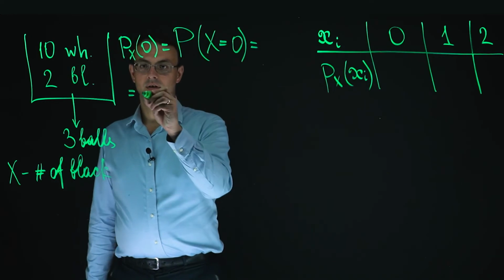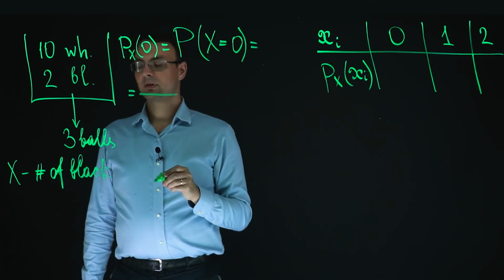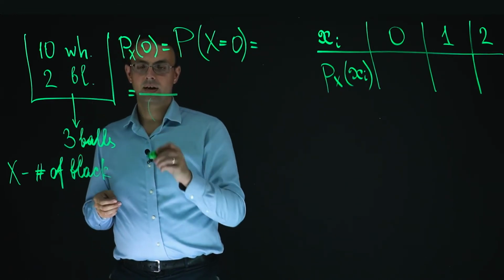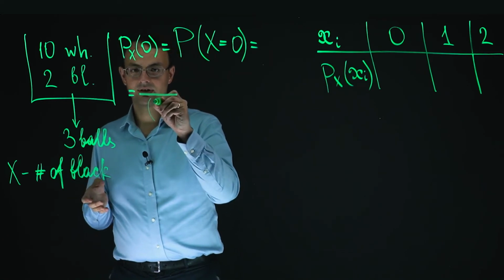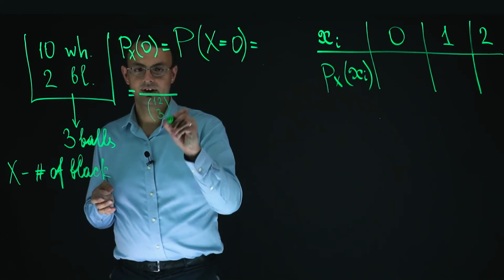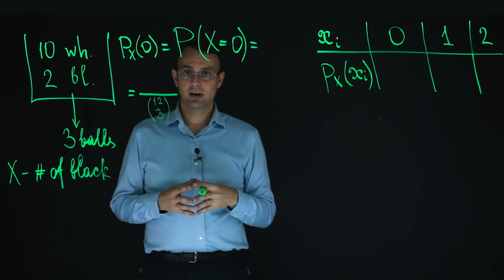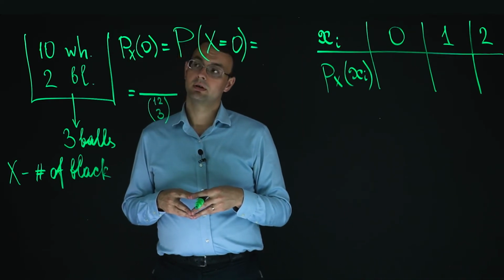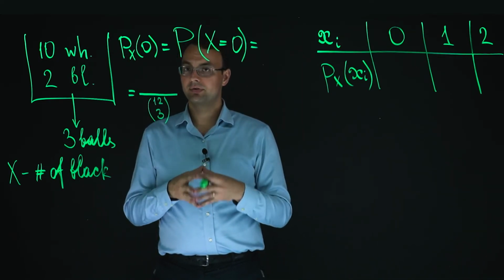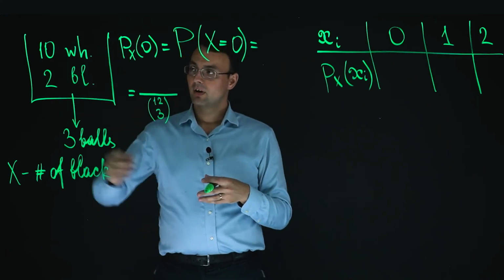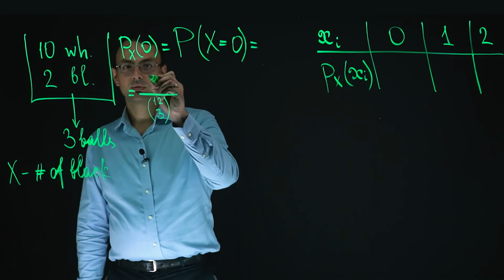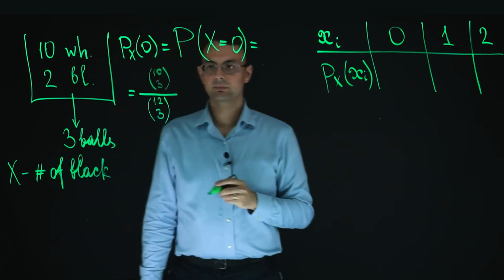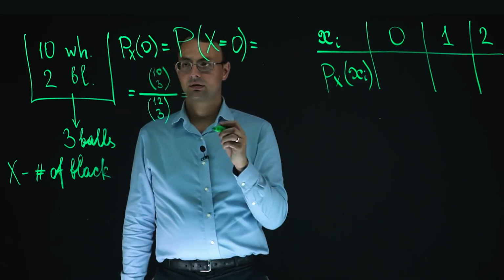The experiment is choosing 3 out of 12. So the number of all possible outcomes of this experiment is 12 choose 3. And favorable outcomes are such outcomes that there are no black balls, so that all three are white, so all three are chosen from these 10 balls. So the number of favorable outcomes is 10 choose 3. Now let's count.